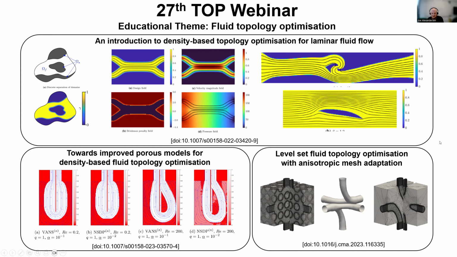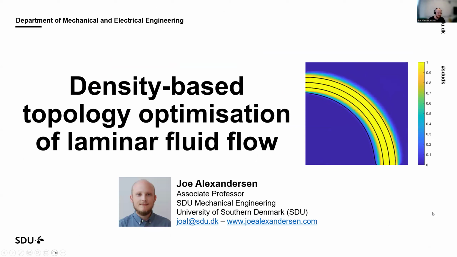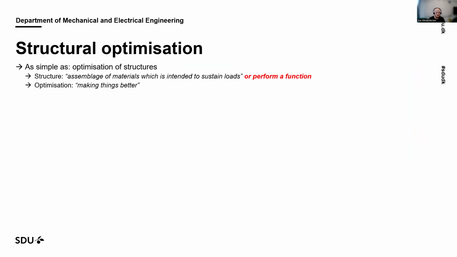First, it's me, and I'll give a brief introduction, as said. I don't know the level of people here, so I thought I'd start at the bottom. Structural optimization is the optimization of structures. I bet you hadn't guessed that. But a structure is classically defined as an assemblage of materials which is intended to sustain loads.